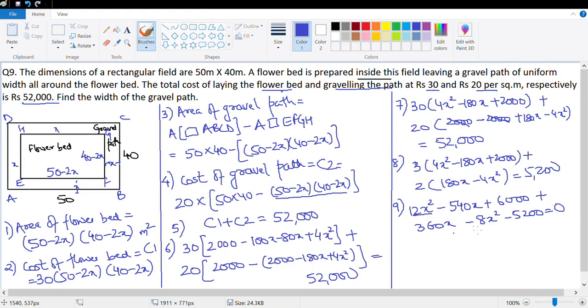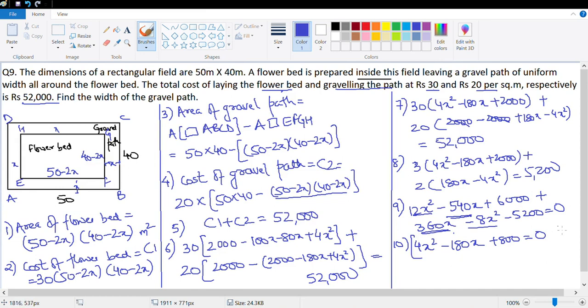So 12x squared minus 8x squared, which is 4x squared, negative 540x plus 360x, that's minus 180x, and 6000 minus 5200, which means plus 800 is equal to 0. Let's reconfirm. 12 minus 8 is 4, minus 540 plus 360 is negative 180, and 6000 minus 5200 is 800.